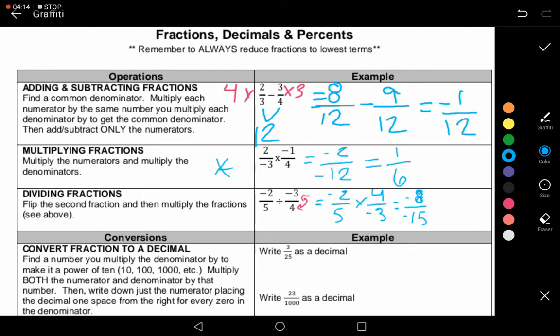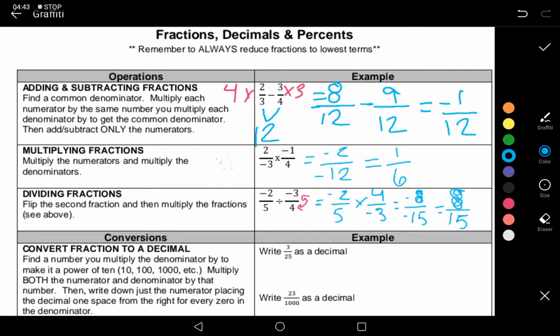That's a negative over a negative, so this is actually just 8 over 15. Okay, and we're done. Those are the operations with fractions. Again, that should have been review. If you have any other questions, make sure you're asking so that we can get that sorted out for you.